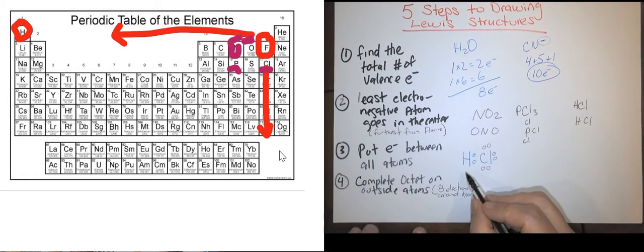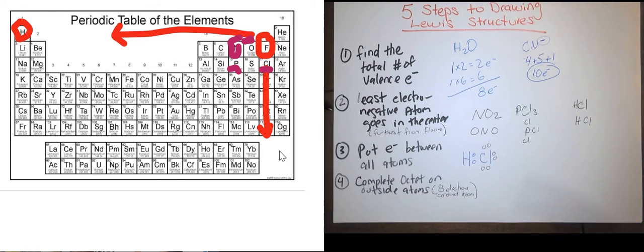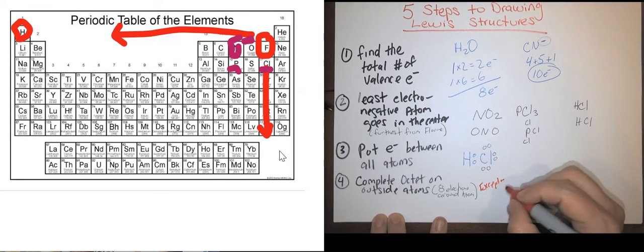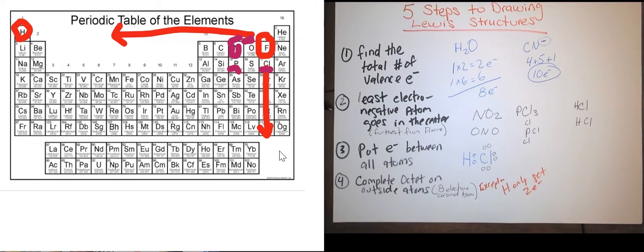Except there is an exception, right? The major exception is hydrogen. Hydrogen only wants 2. Hydrogen only gets 2 electrons. Always. Another rule about hydrogen, which I didn't say before, is that hydrogen is always on the outside.